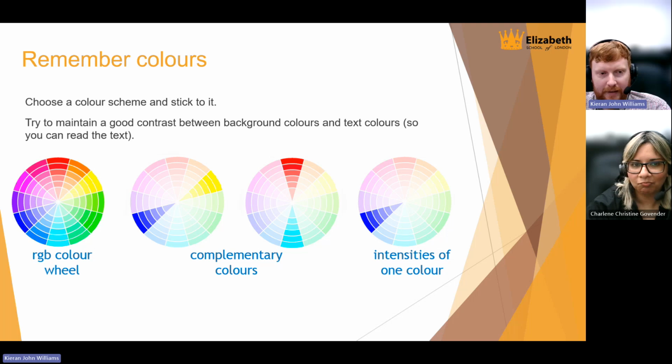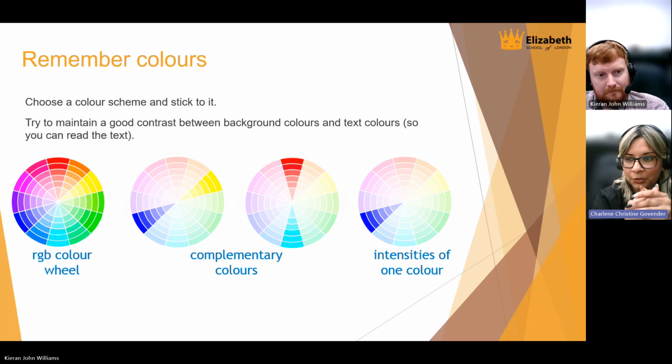Okay, so in the next section, we need to be thinking about colors. So you need to make sure that your colors really are attractive, but also easy to read and easy to understand. So we want to focus on making sure our posters are also accessible, so anybody reading it is able to read all information without being overwhelmed.